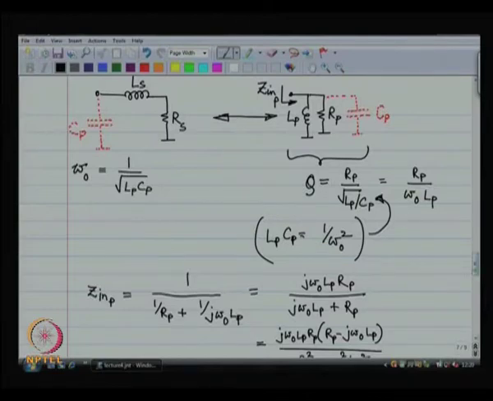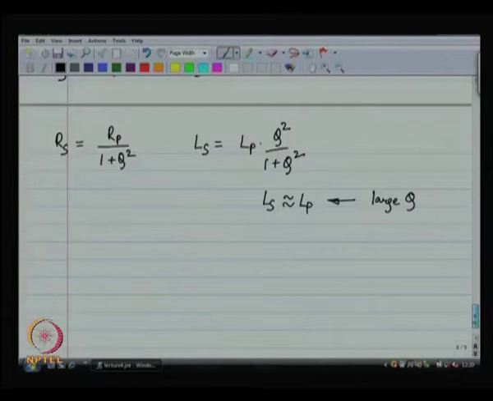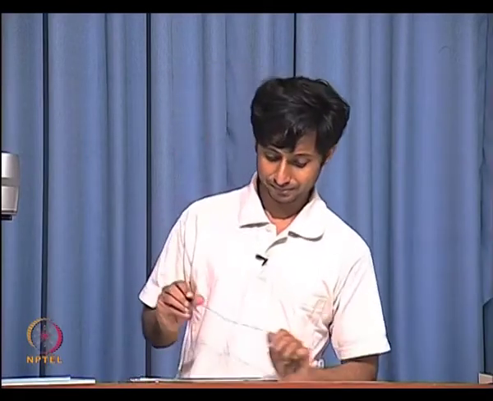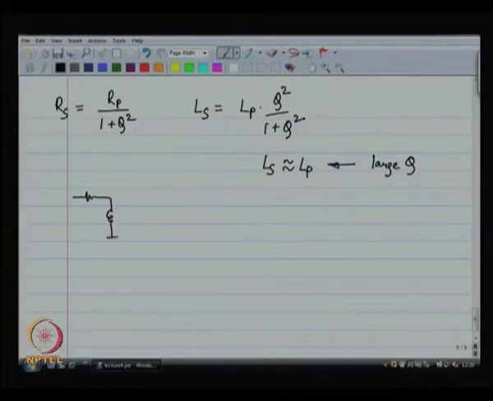And oh, just by the way, what is the Q of the series RLC network now? So, if I have RL in series, there is also C probably in series with that. I do not care about that. We are transforming R and L into a parallel combination.